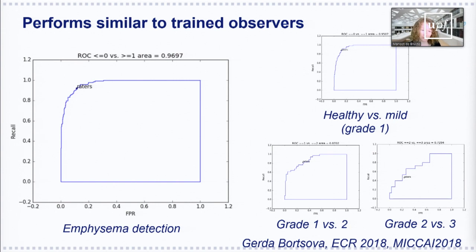On the right, you see ROC curves for discriminating between different other grades, and you see that performance deteriorates if we go to the higher grades, for instance, between grade 2 and 3. The model does not perform that well anymore, but also the observers perform equally poorly.